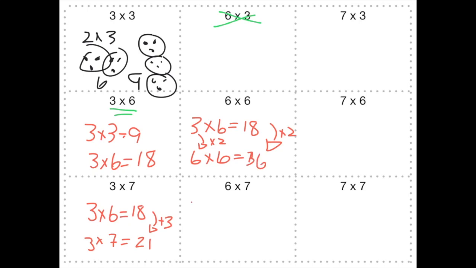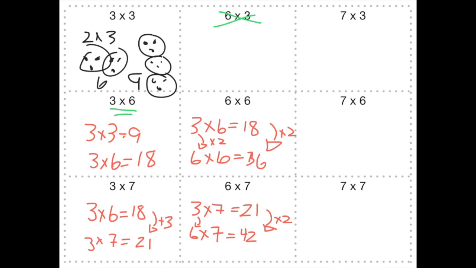Using a similar strategy, students can use what they know about the product of 3 and 7, which is 21, in order to practice the product of 6 times 7. So because 6 is the double of 3, 6 times 7 must also be the double of 21.